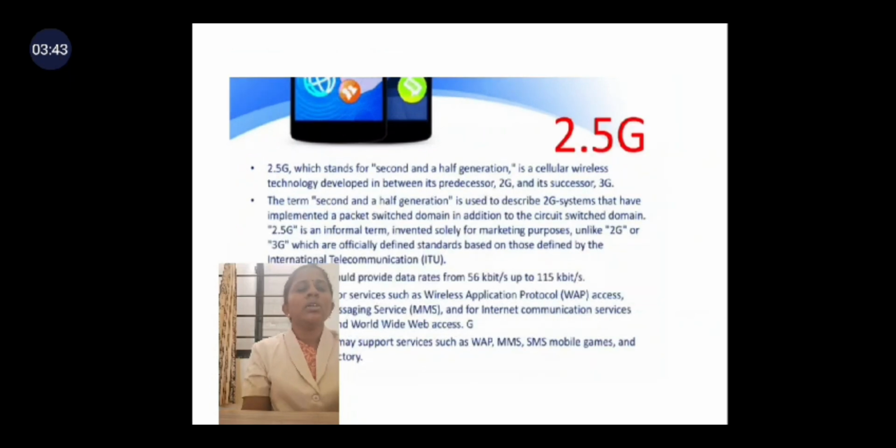Next one is 2.5G. 2.5G stands for second and a half generation of cellular wireless technologies.